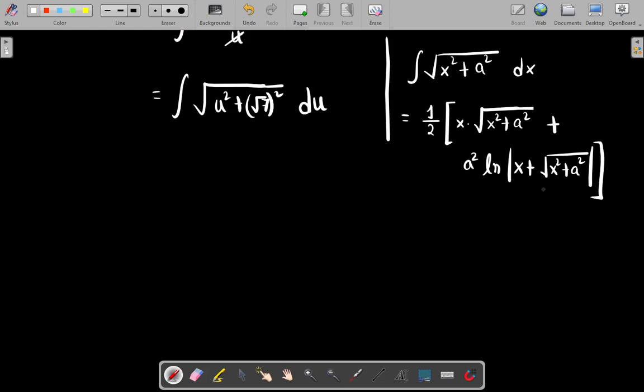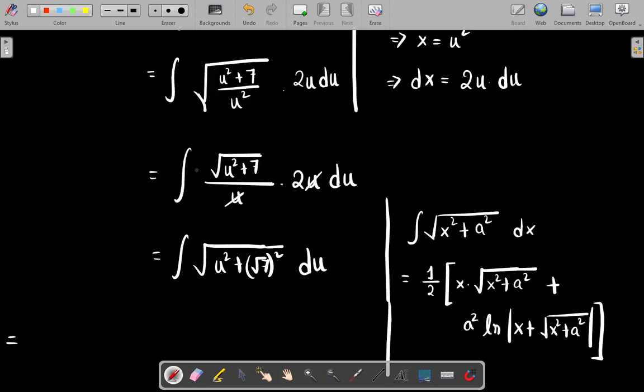So this is the formula, and I'm going to use it here. Here x is u and a is root 7. Okay, on using this formula, I think I have missed a 2 here. So there should be a 2 here. This 2 is left out, I missed it. So this is 2 times this integral.